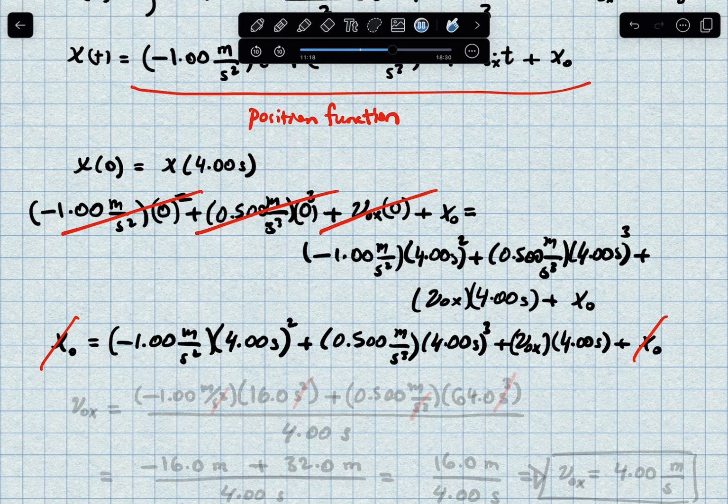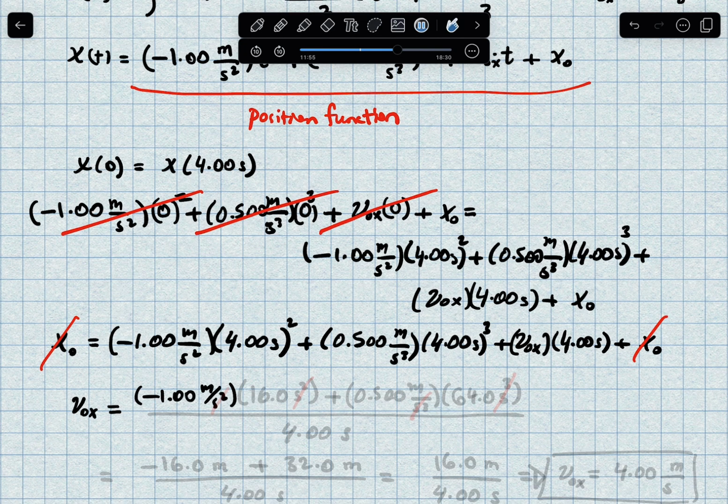If you notice, on both sides we have this term, so you can just subtract x naught from both sides and rearrange the equation so that you solve for v initial. So you'll have v initial of x equals -1 meter per second squared. This is a fraction, right? So I'm writing the numerator first.